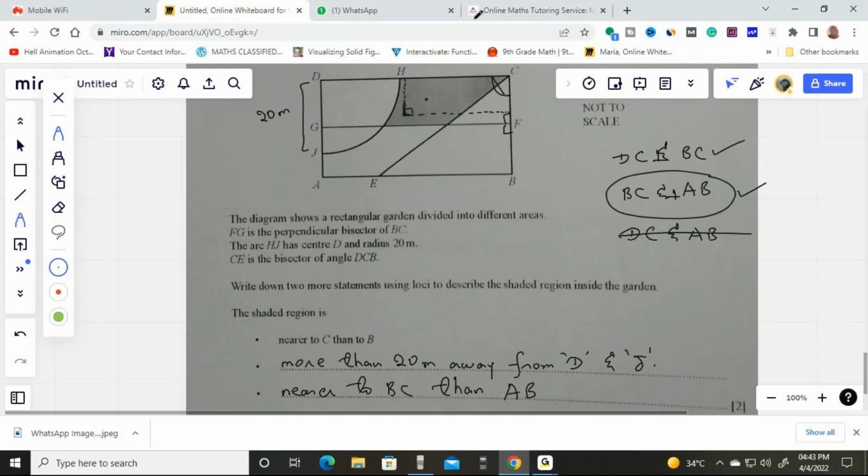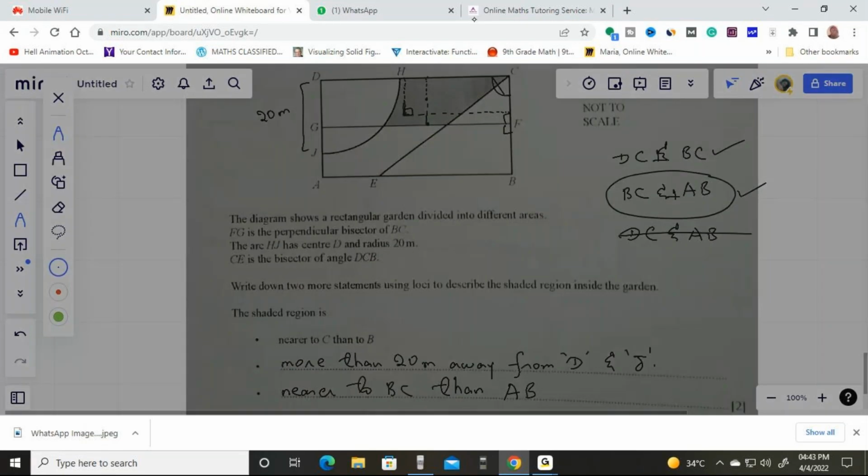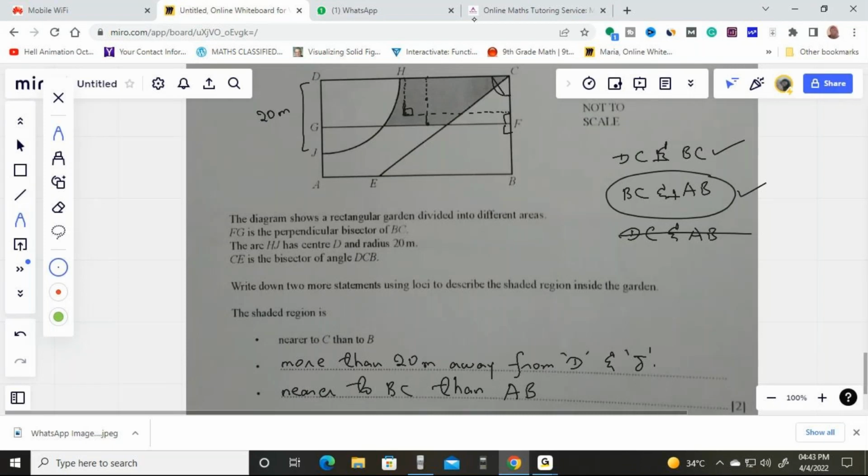If you pick up this point on the line, it is a part of the shaded region. Which line is bigger, which line is smaller? It's very visible. It's nearer to DC than AB.